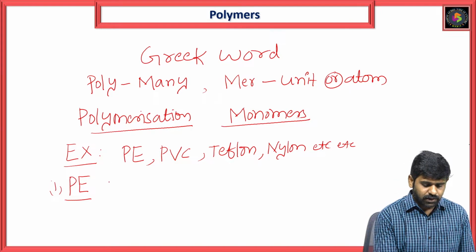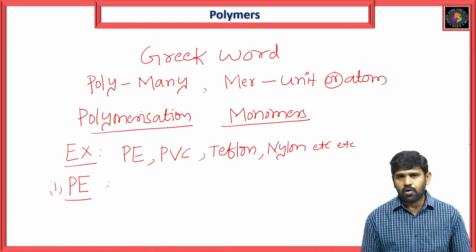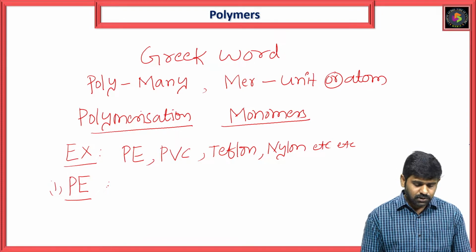In chemistry, eth means 2 carbons and ene means double bond. So for polythene, what should I write here?